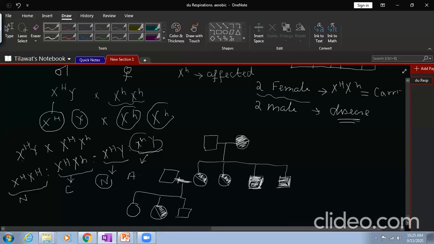And this one, this is male, but male with the disease, so I have to mention that square completely shaded. So and so on, you can do many crosses by using these signs. From this pedigree, you know the probability of the offspring.